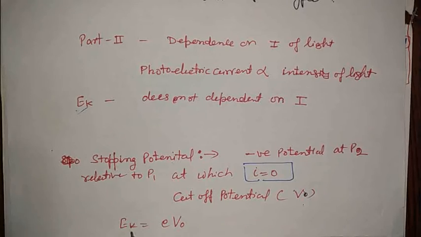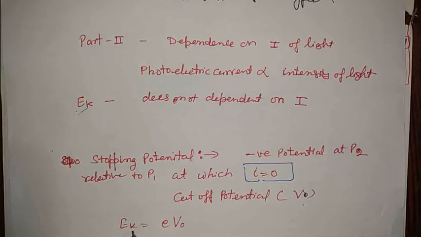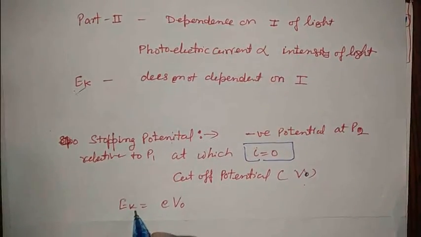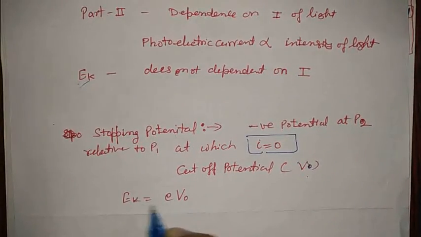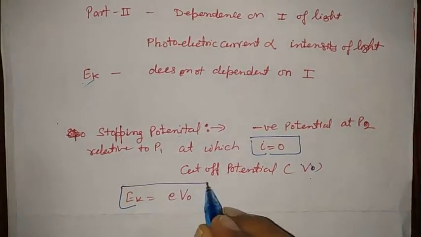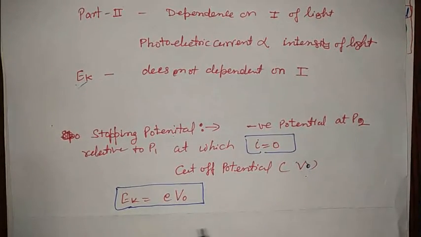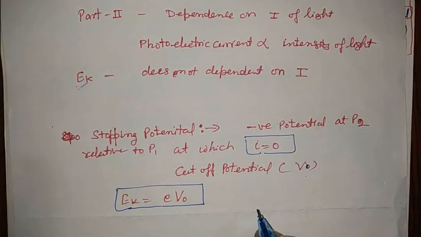At this condition, the kinetic energy of the fastest photoelectron is eV0. Before watching part 3, you are requested to see part 1 and part 2 clearly.